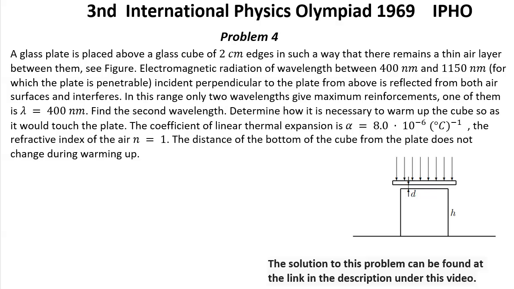Determine how it is necessary to warm up the cube so that it would touch the plate. The coefficient of linear thermal expansion is alpha equal 8.0 times 10 to the power negative 6 per degree Celsius. The refractive index of the air n is 1. The distance of the bottom of the cube from the plate does not change during warming up.